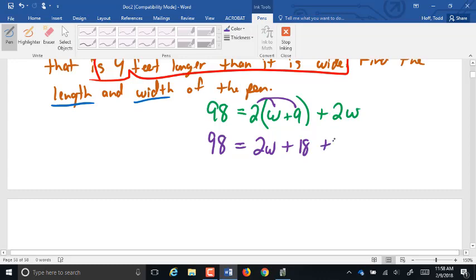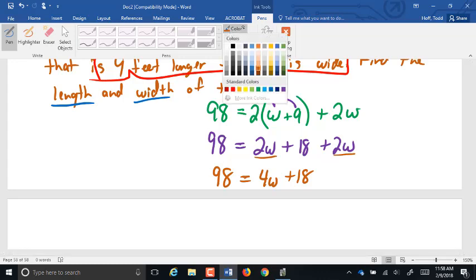And then we still have the positive 2W there. We can combine the 2W and the 2W. So the left side is going to stay 98. 2W and 2W is 4W plus 18.